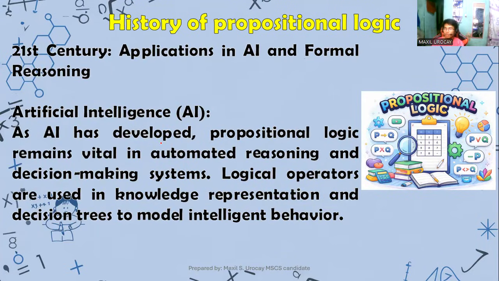Now, 21st century applications in AI and formal reasoning. Artificial intelligence has been developed. Propositional logic remains vital in automated reasoning and decision-making systems. Logical operations are used in knowledge representation and decision trees to model intelligent behavior. This is how that works.